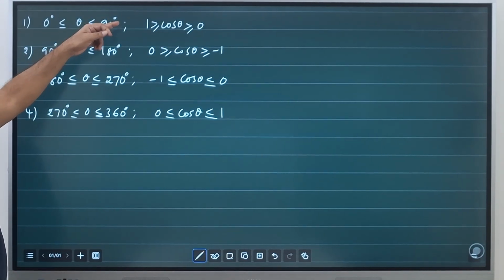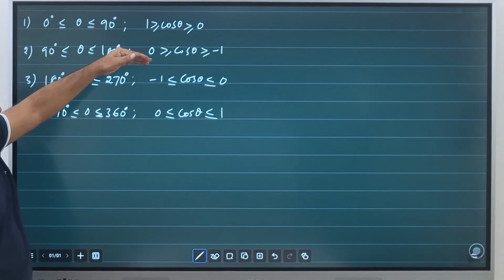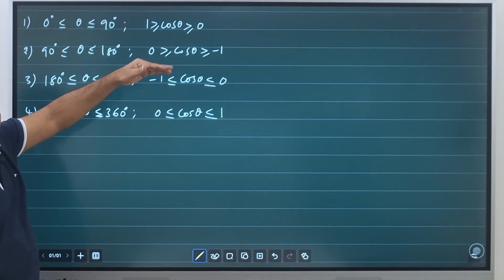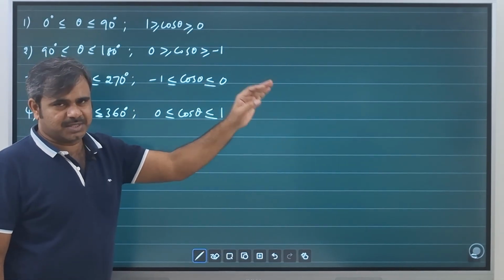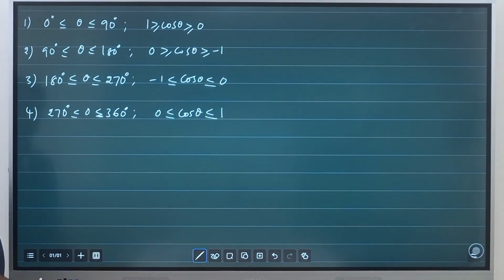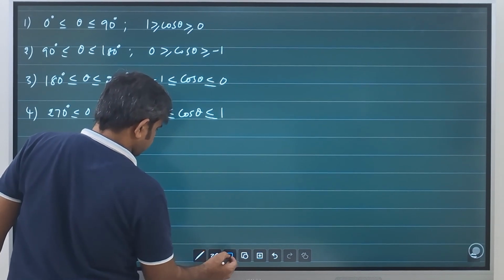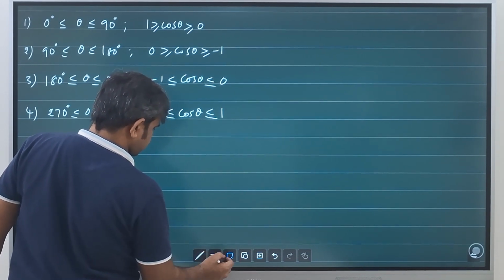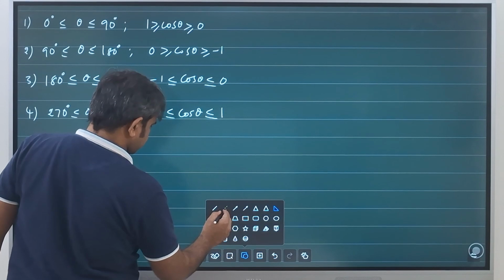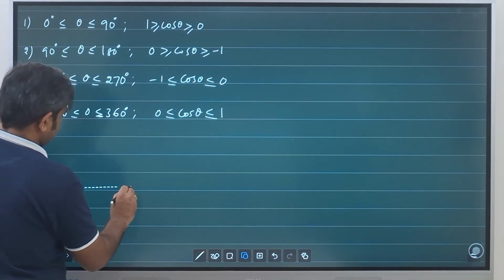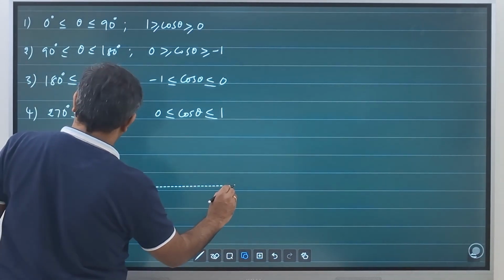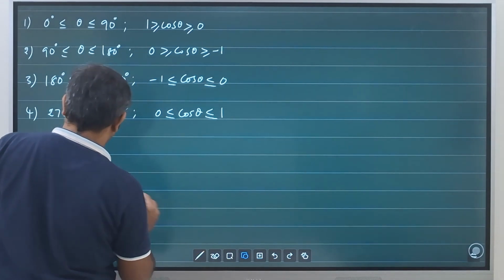So in the first two quadrants, the value of cos theta is decreasing, and in the third and fourth quadrants, the value of cos theta is increasing. Let's draw a graph and understand this. Let's get a graphical understanding of this.